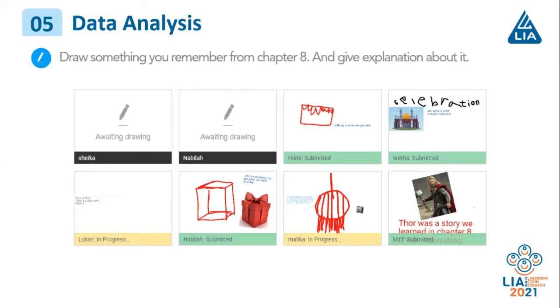Here you can see boxes with names: Seika, Nabila, Hilmi, Areta, Lucas, Nabila again, Malika, and MZ. MZ is me. I wanted to show them that I also participated in the task. Here you have 2 Nabilas because she had connection problems, so she joined again.